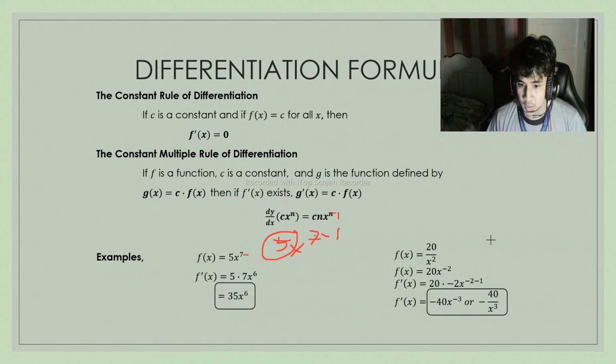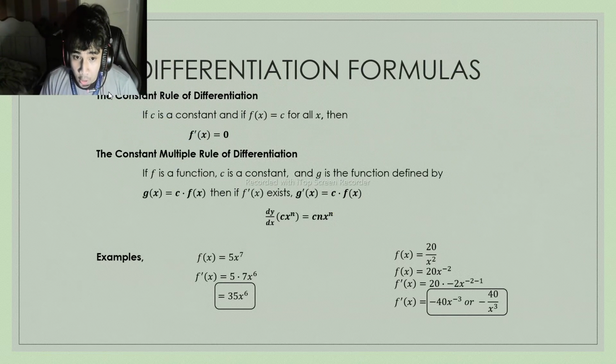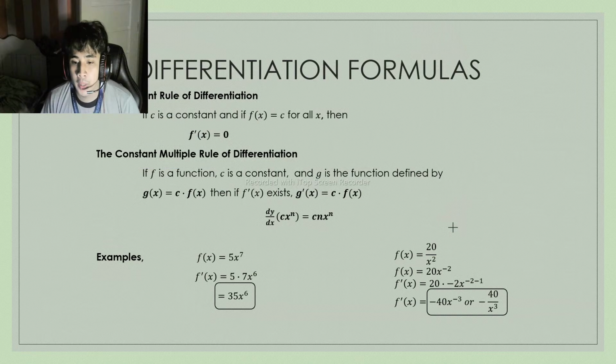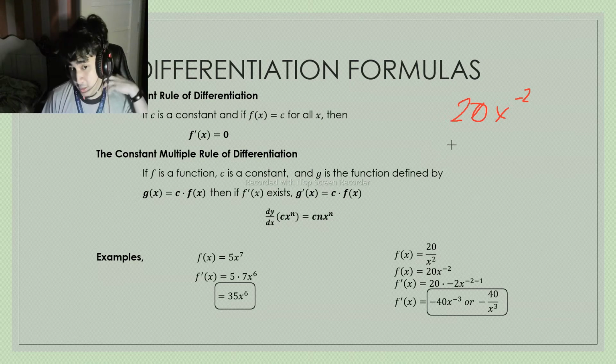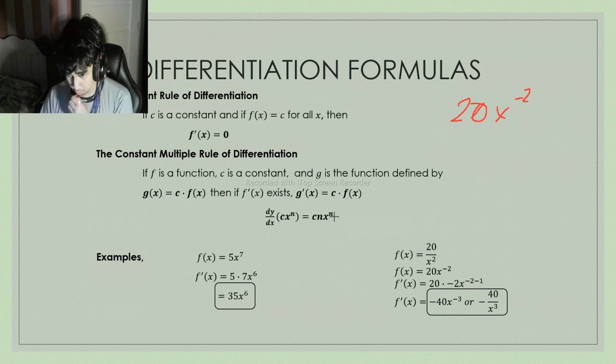Next, dito naman tayo sa f of x is equal to 20 over x squared. So, ang mangyayari, f of x, pwede natin siyang i-rewrite like this, 20x raised to negative 2. Yan. Pwede natin yung ma-rewrite na ganyan. Then, pwede na natin siyang hanapan ng derivative using constant multiple rule.